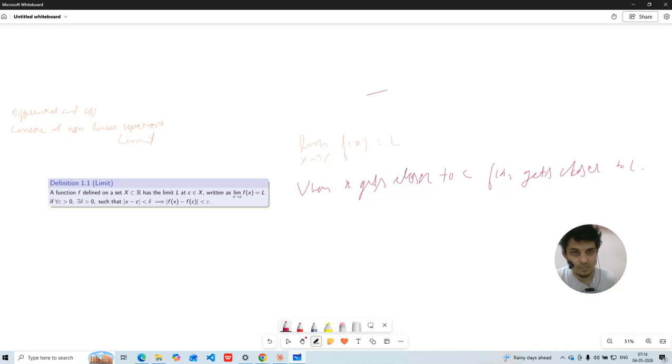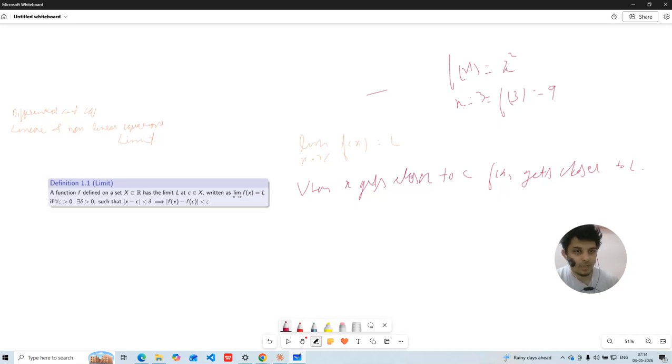For example, f(x) is equal to x square. If I give x equal to 3, I get f(3) equal to 9. If x is equal to 2, then f(x) is equal to 4, for example.